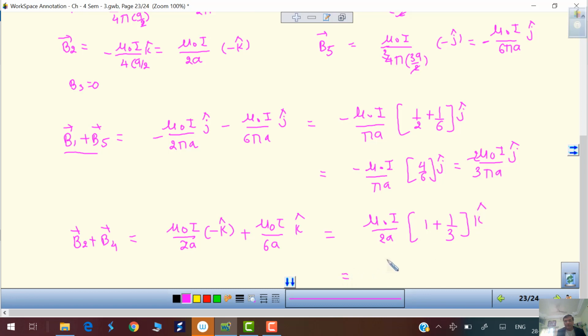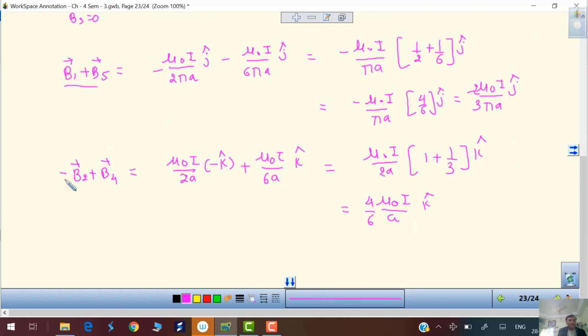So this comes out μ0 I, 3 plus 1 is 4, 3 2s are 6, and a in the direction of k. Now this is the y component and this is the z component.